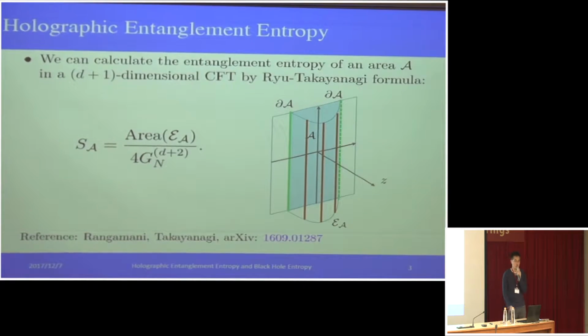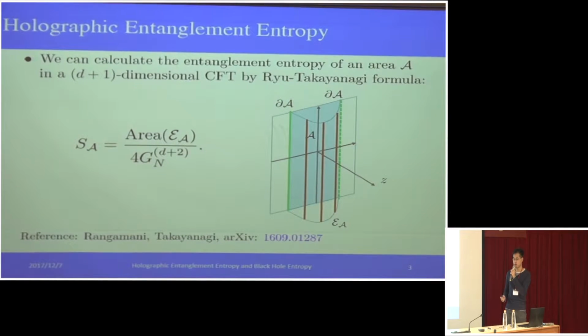Okay, now when talking about holography, we always come up with a famous example, the ADS/CFT correspondence, which means N=4 super Yang-Mills conformal field theory is dual to an AdS5 times S5 type IIB string theory, roughly speaking.